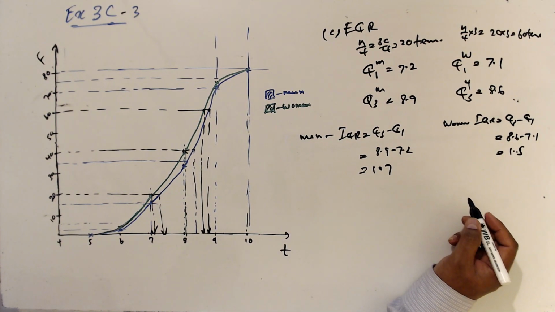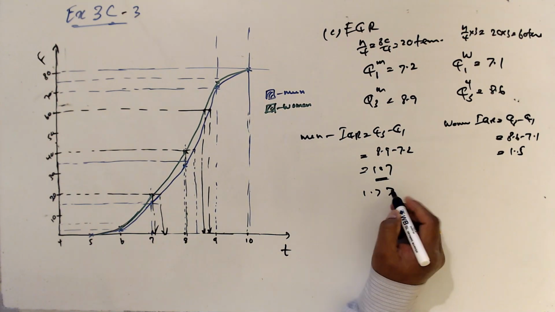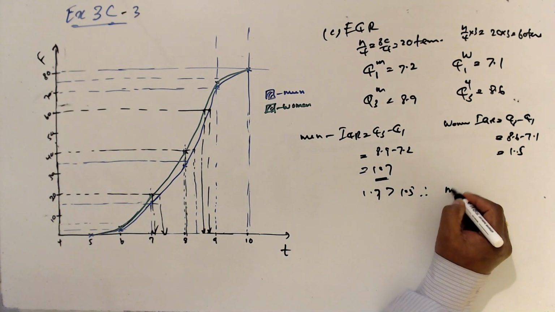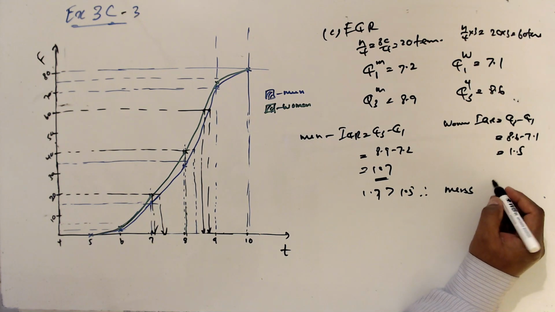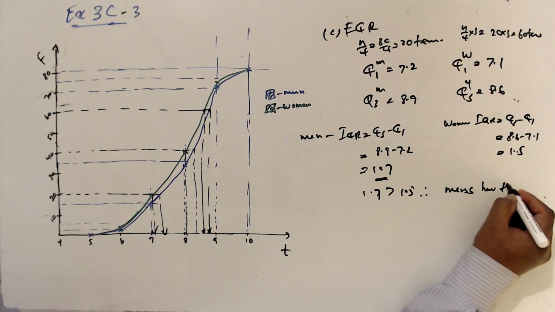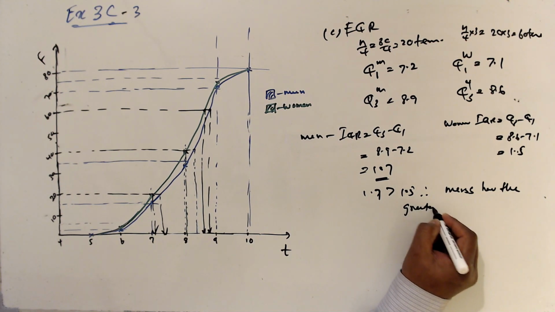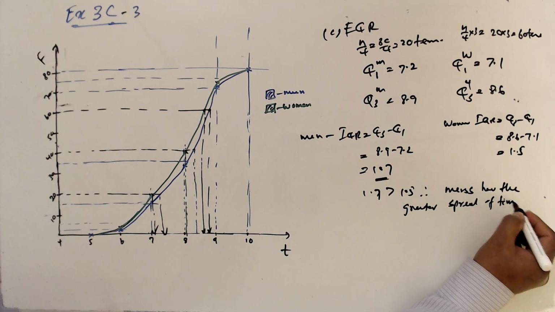And so we can see 1.7 is bigger than 1.5, hence men have the greater spread of time.